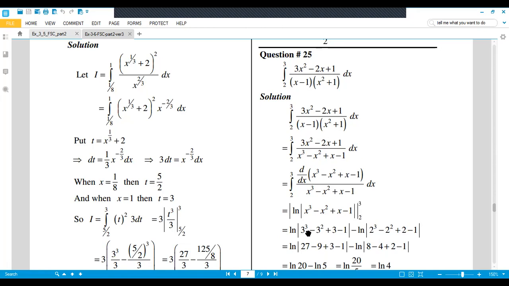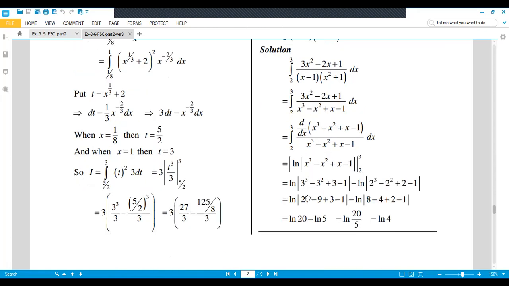So we take the natural log of the denominator from 2 to 3. The upper limit you put first, minus natural log with the lower limit put in place of x. So 3 cube 27, 3 square 9, 3 minus 1, and here 2 cube 8, 2 square 4, and 2 minus 1.